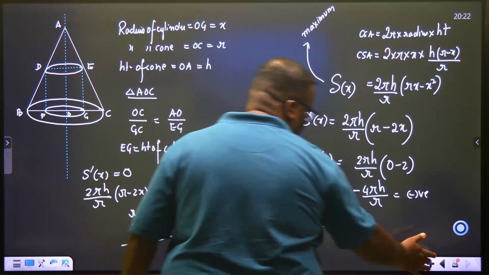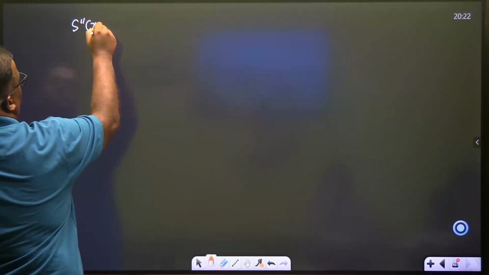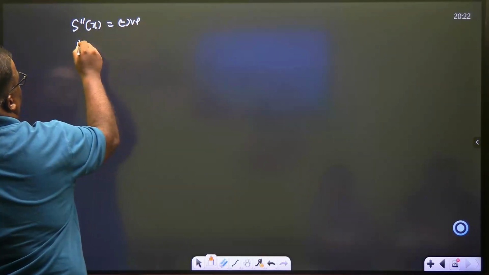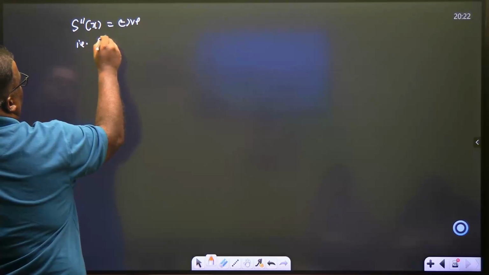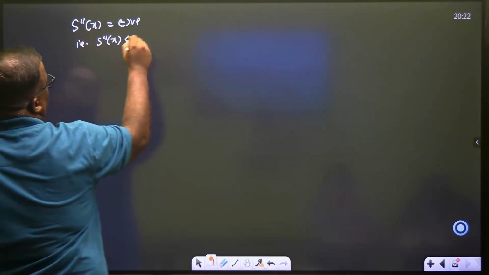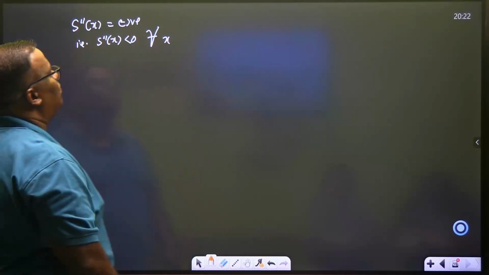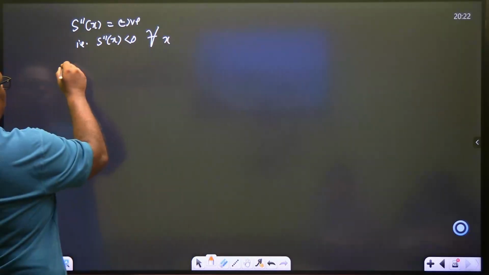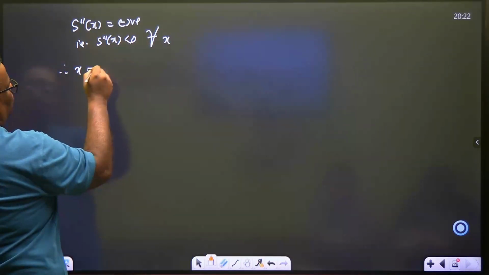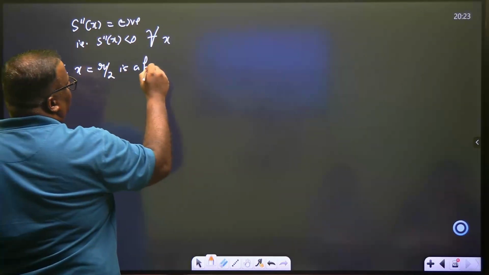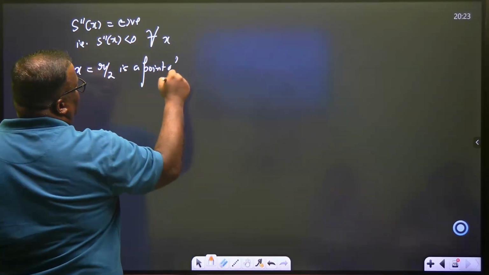If you want your exact writing to be okay, see, we've solved: S double dash x is less than 0 for every value of x. Therefore, x equal to R by 2 is a point of maxima.